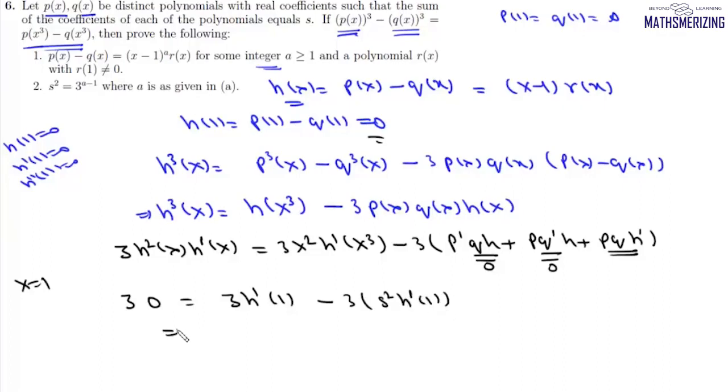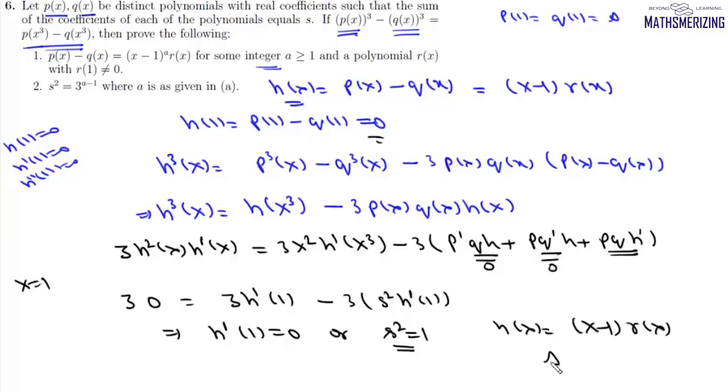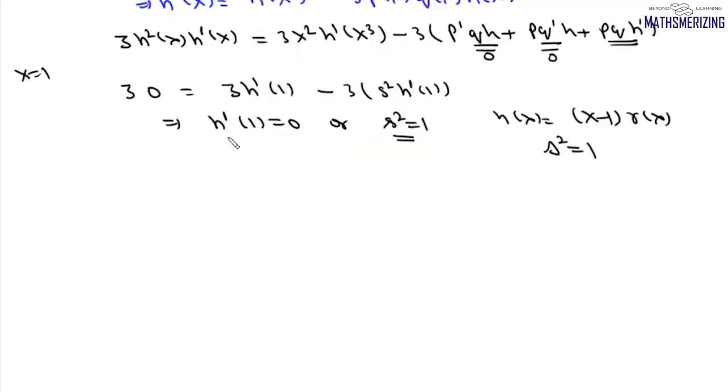So from here we'll get this condition that either H dash 1 is 0 or s square equals 1. Now if s square is equal to 1 and H dash 1 is unequal to 0, we can write this H(x) as (x minus 1) into R(x), and s square will be equal to 1. Now we consider the case when H dash 1 is 0.